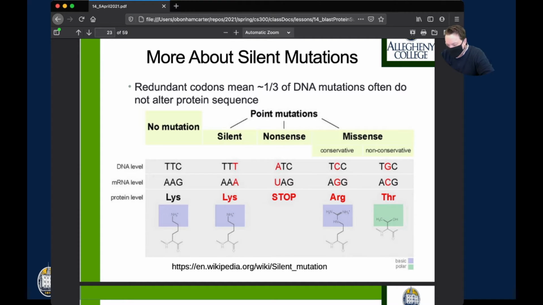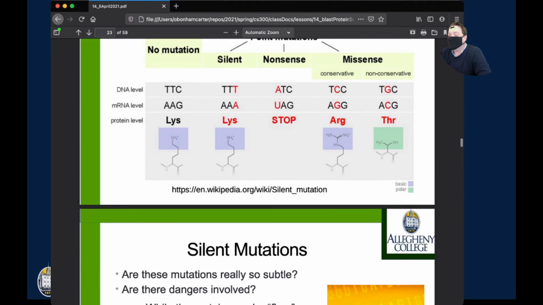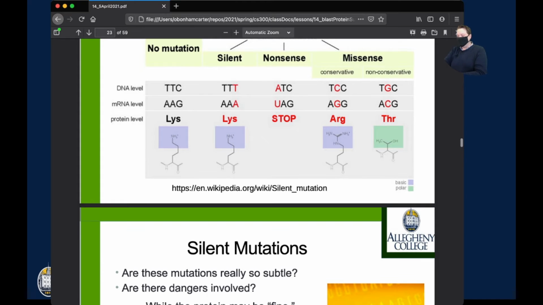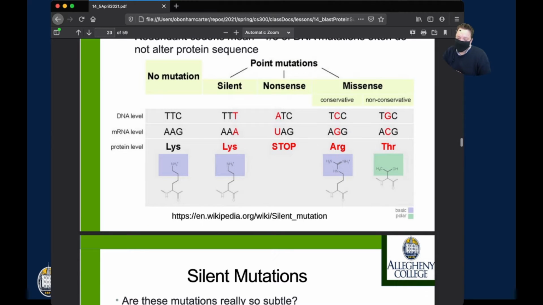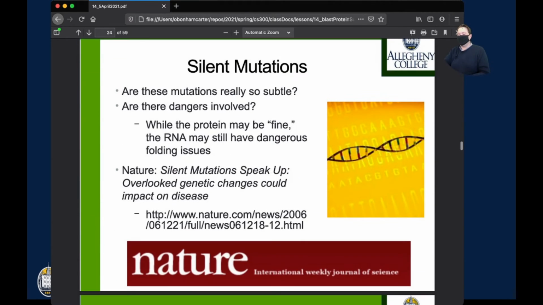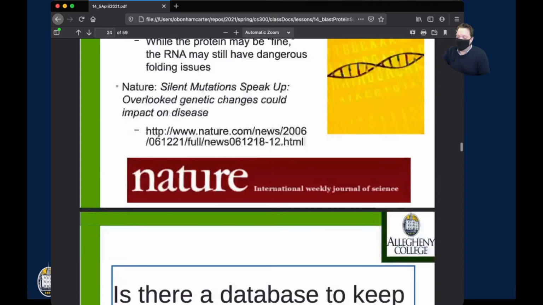They find it's made out of lysine, lysine, stop, arginine, and threonine, or whatever they may be. If you find out that that's what it's made of, then you'll just say, well, it's the protein you're supposed to have. I don't see how this is a bad thing, because the wild type protein is supposed to be this exact combination. But they're not looking necessarily at the DNA level, which is where the mutation happened. And so that's why they call this a silent mutation.